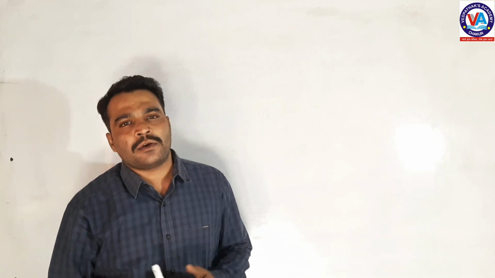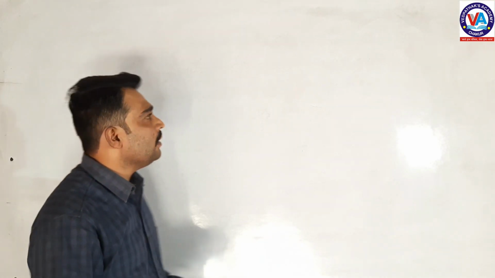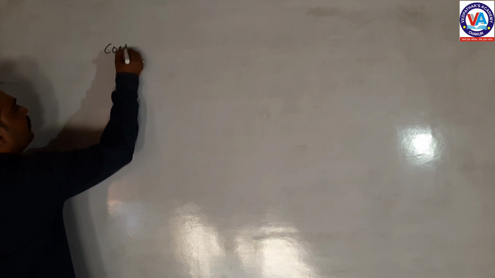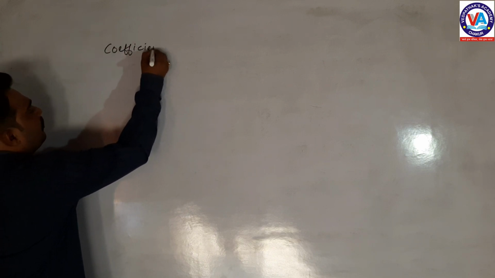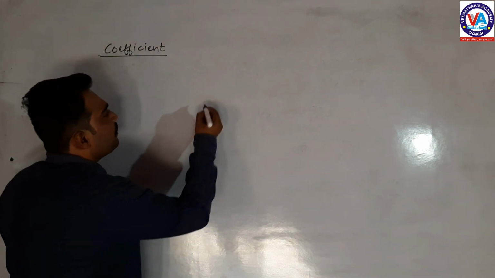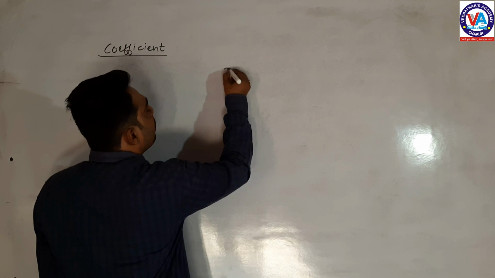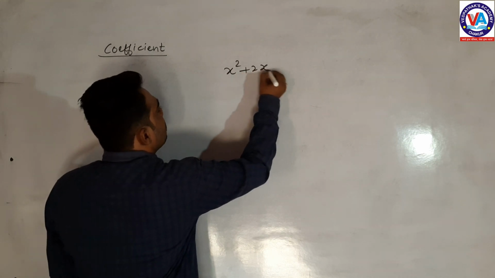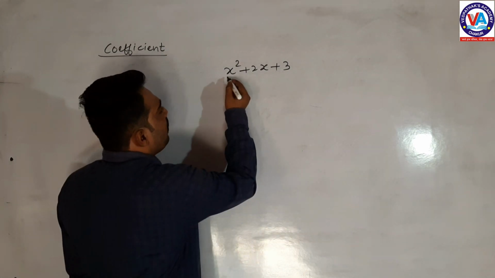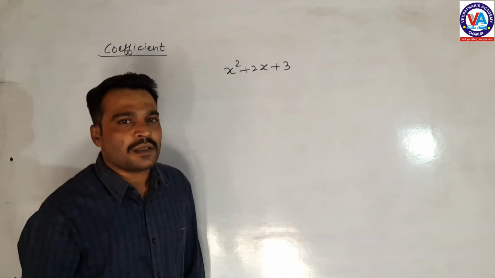Now we will learn the coefficient of the polynomial. So I'll write here the coefficient now. Coefficient of the polynomial. Yes. Now take one example of a polynomial here. Suppose I will write here x square plus 2x plus 3. Now if you see, this polynomial is consisting of three different terms.